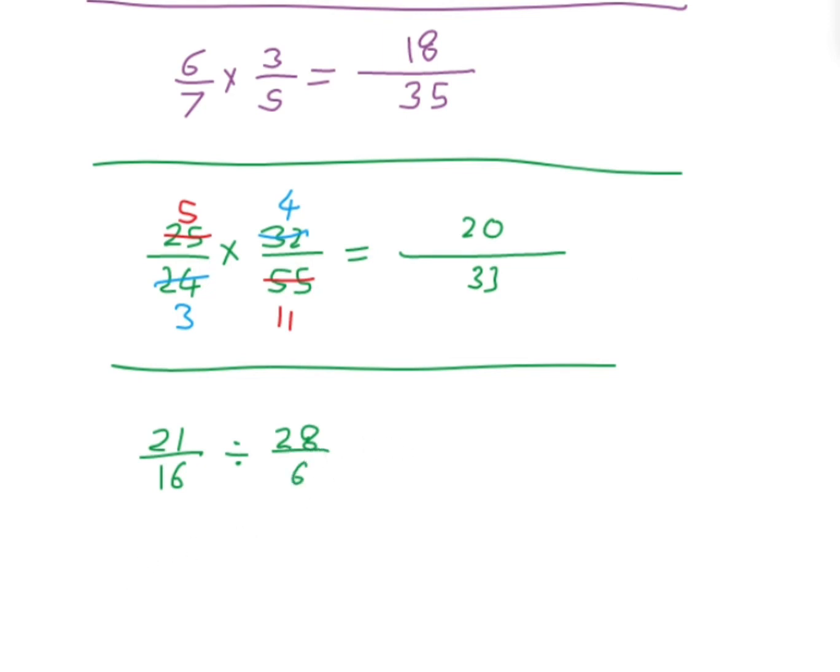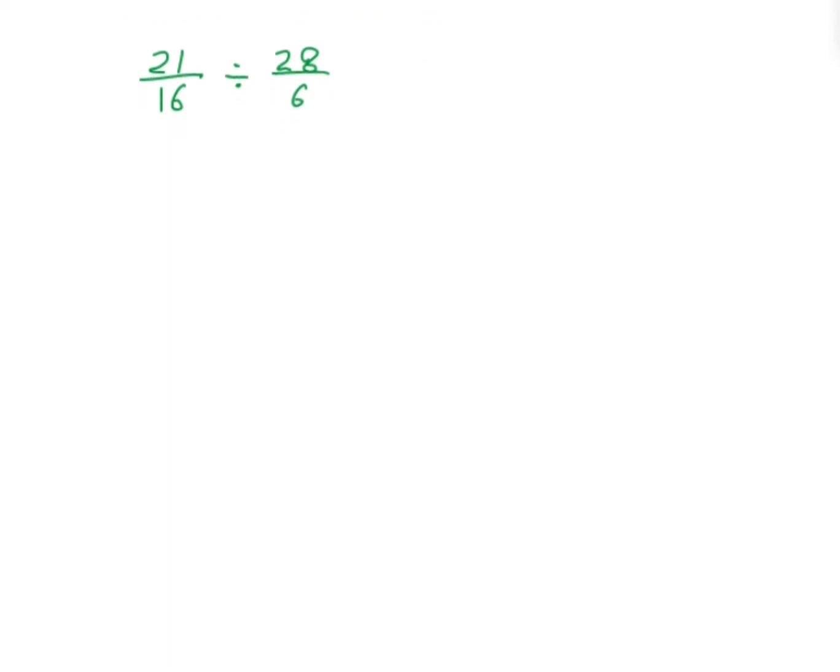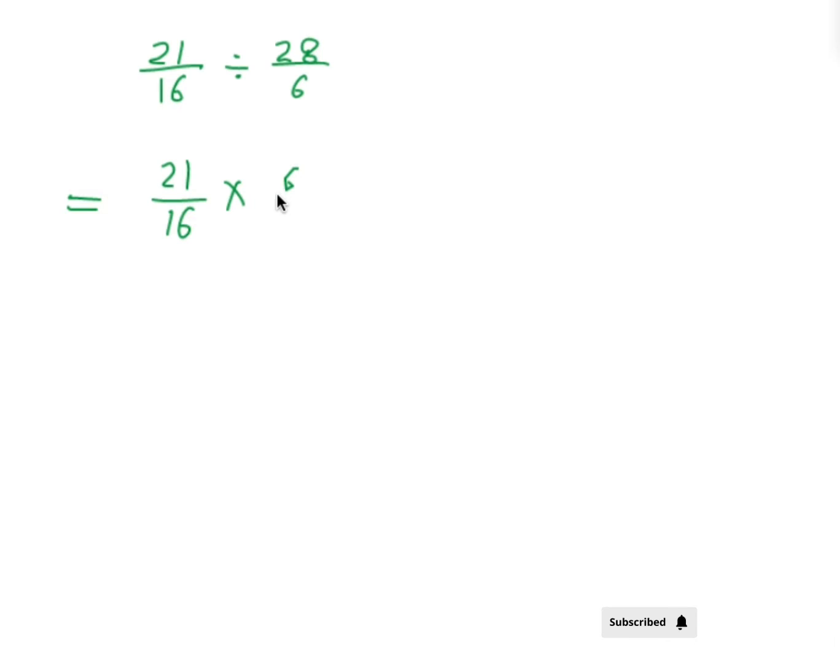Just like multiplying, but here is one extra step I am telling you. 21 upon 16, the divide sign converts into multiply, and the second fraction becomes its reciprocal. So 28 upon 6 now becomes 6 upon 28.